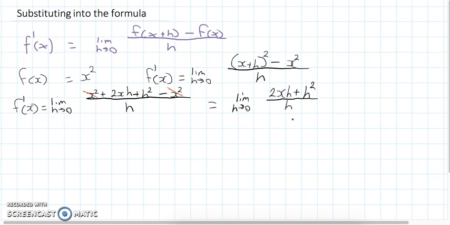Alright, so is there a way that we could look at this bit here and take out a factor of h from this top line here? Well, there is.